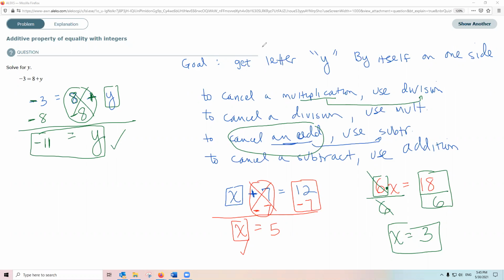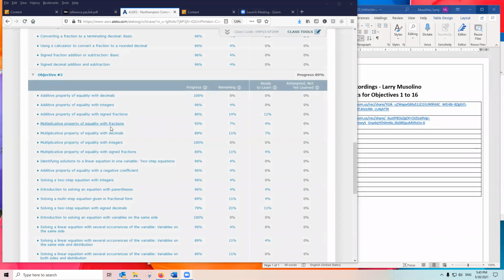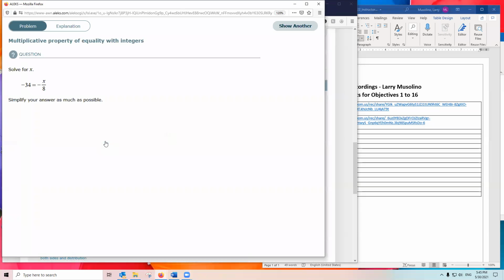All right, let's do a few more examples. Let's come here to multiplying to solve an equation. All right, well, here's what we have on this one. It says -34 equals -x over 8.